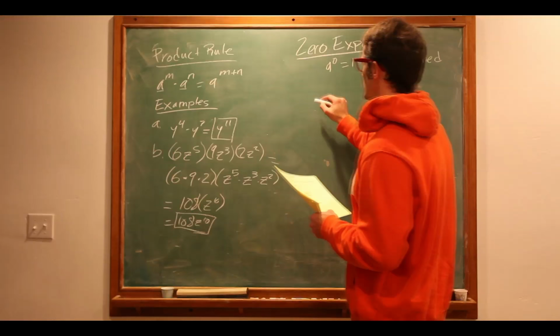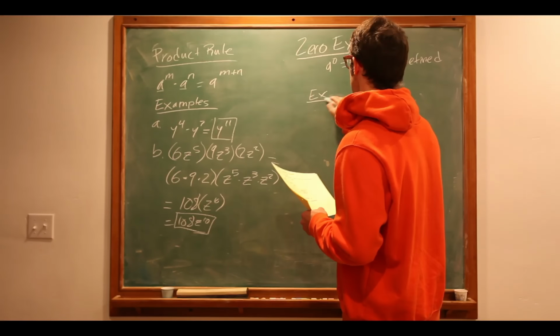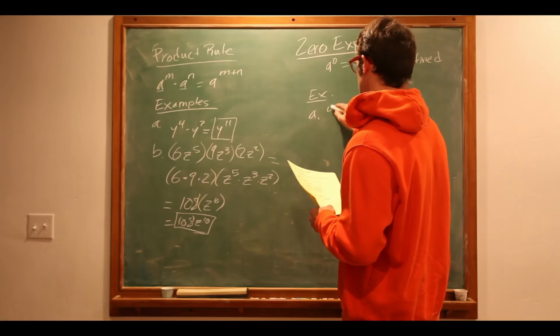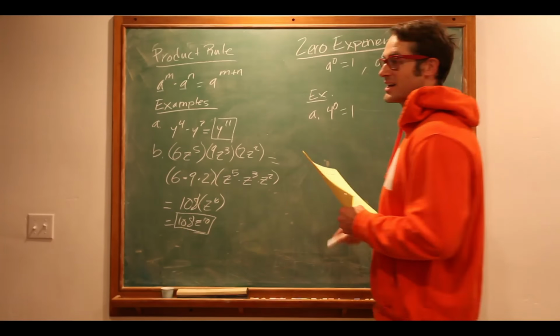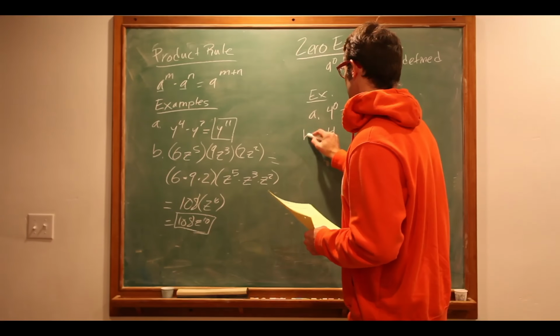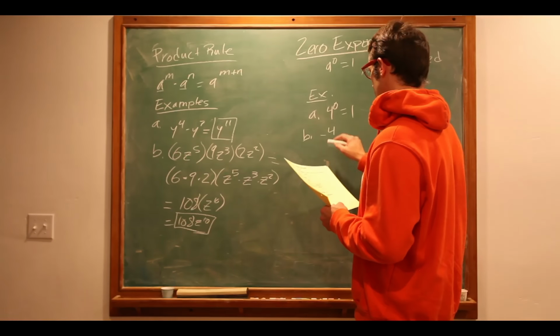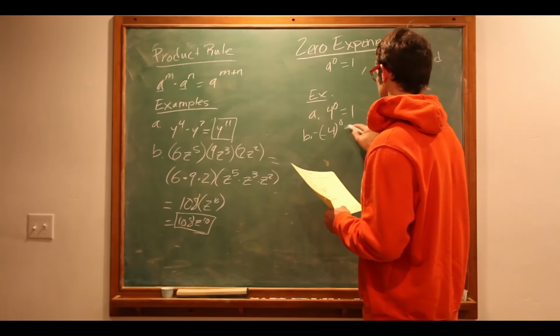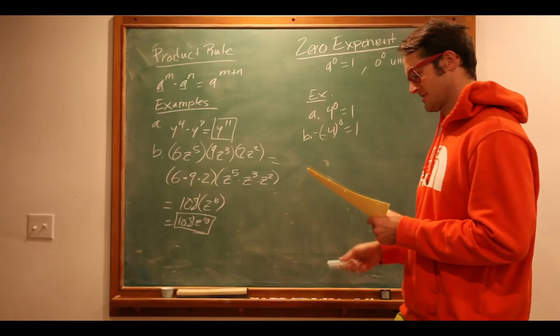Some examples: A, 4 to the 0, you guessed it, 1. B, negative 4 to the 0, still 1.